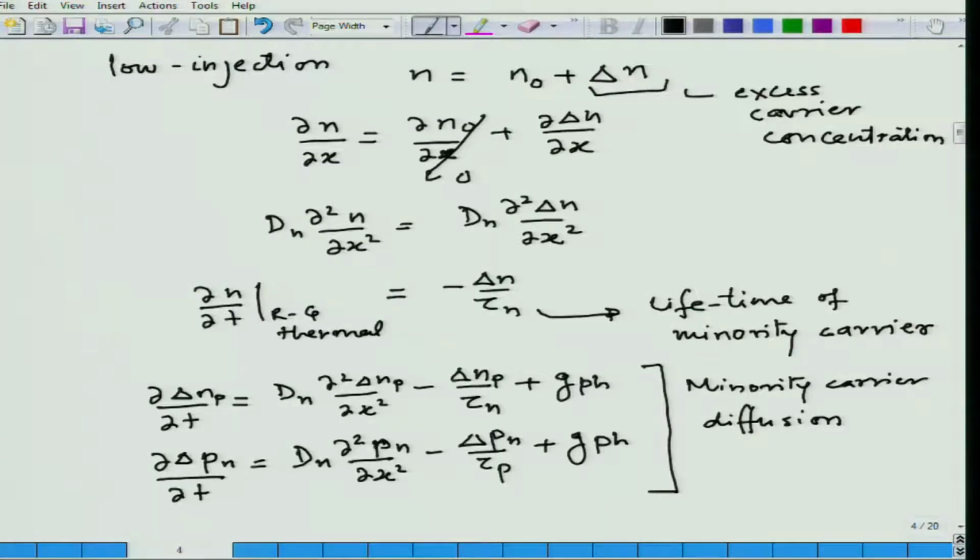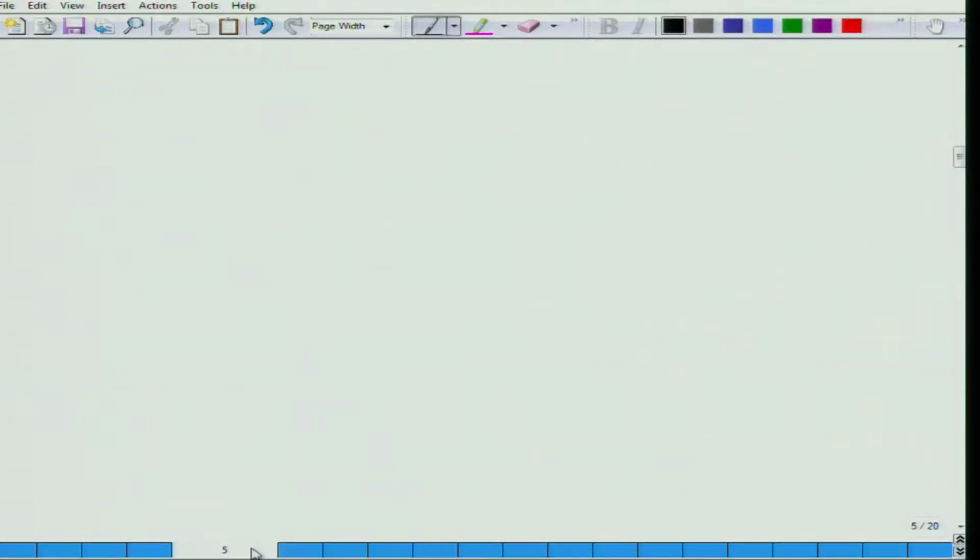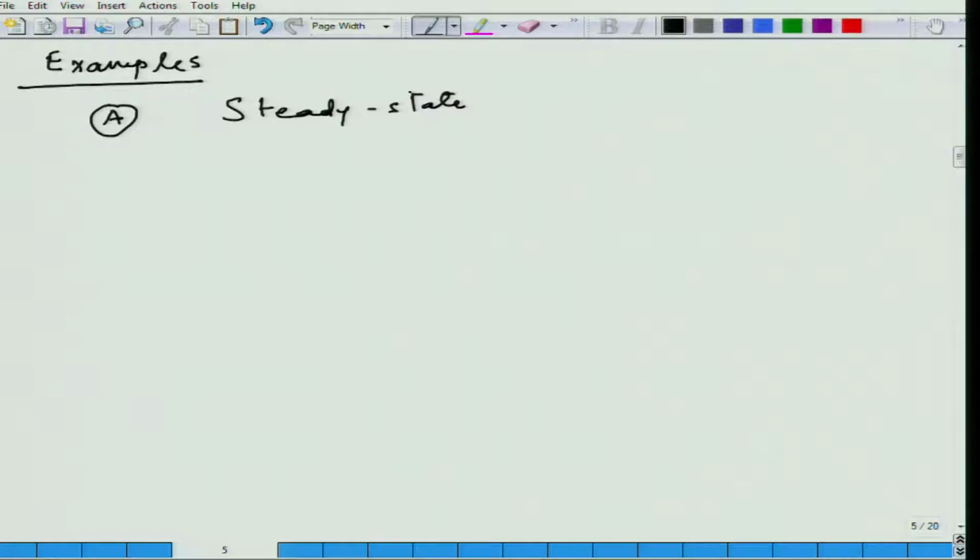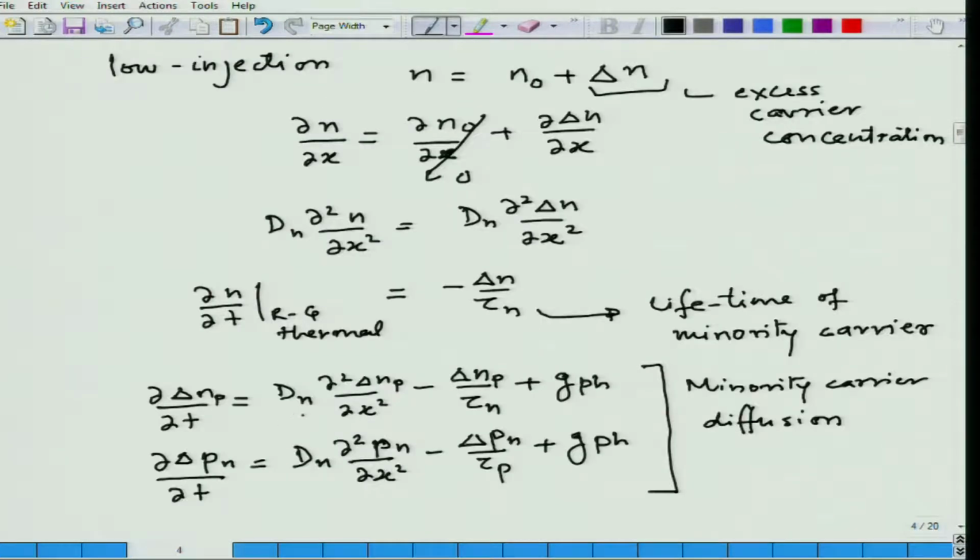Let us take some examples. We will take the first example and apply it to get some solution. Let us say I look for a steady state solution. What will happen to the minority equation, concentrating on the first one?